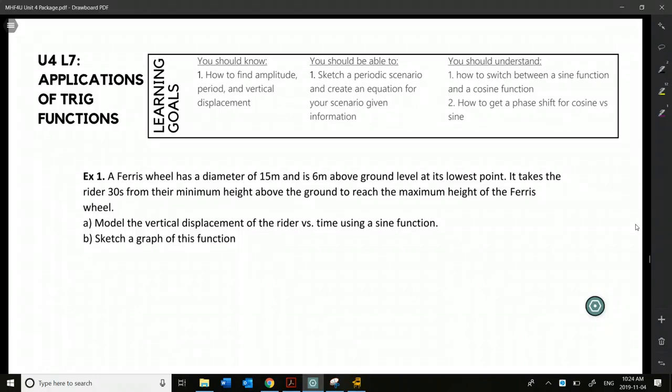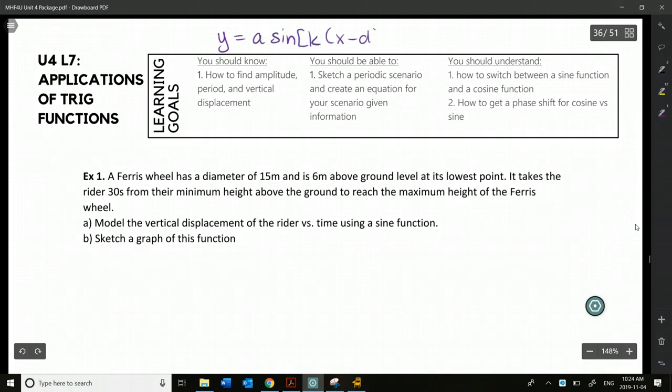We just need to remember our transformation equation here, so I'm just going to write that up at the top. Okay, and of course we know this can be cosine as well, so sine or cosine for that one. Our first scenario is that we have a Ferris wheel that has a diameter of 15 meters.